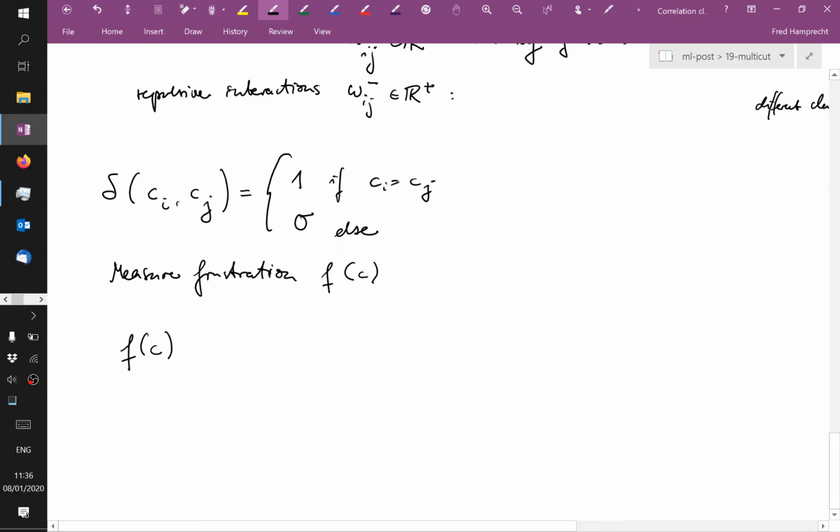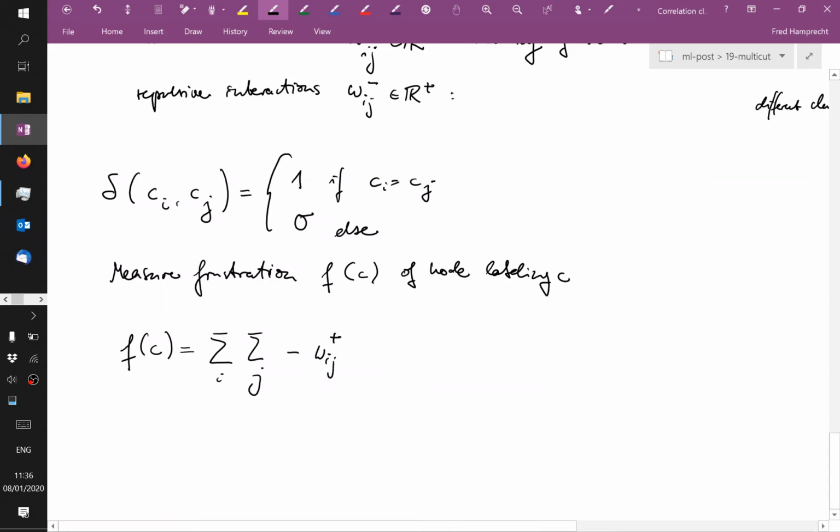So this frustration of a particular node labeling, we are going to look on the one hand at how many nodes want to be together and are in fact in the same cluster.